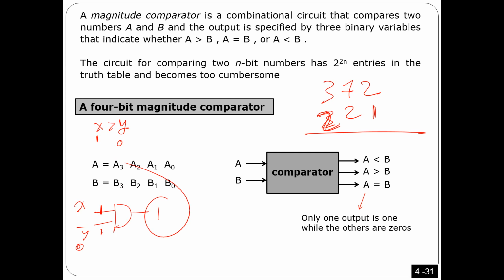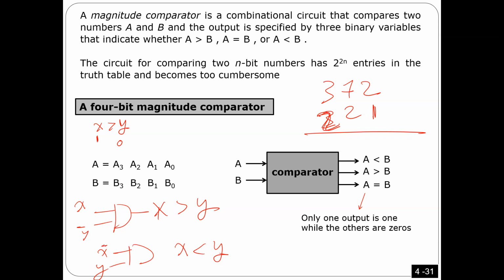Equal, I already explained how we can do with XNOR. Now I wanna get greater. Here, if you put X and Y prime, that means X is greater than Y. I'm gonna get 1 when X is greater than Y. Here, X is less than Y. So here I'm gonna put X prime and Y. Less: X is less than Y when X is 0 and Y is 1.